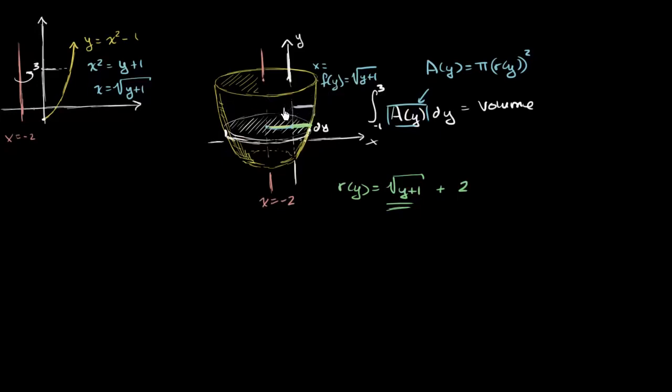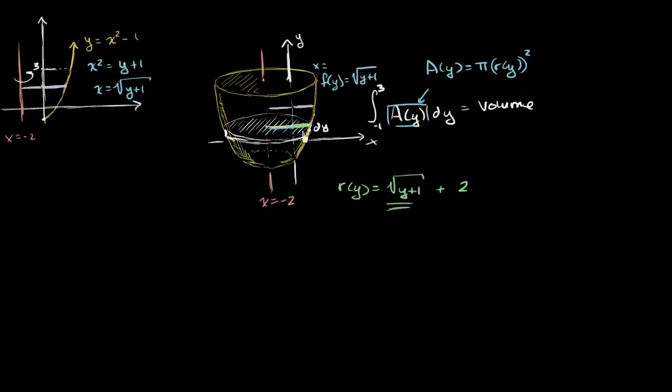But then if you wanted the full radius, you have to go another 2 to get to the center of our axis of rotation. Once again, if you take a given y, you evaluate it, you get an x value. That x value will just give you this distance. If you want the full distance, you have to subtract negative 2 from that x value, which is essentially the same thing as adding 2 to get our full radius. So our radius as a function of y is this thing right over here.